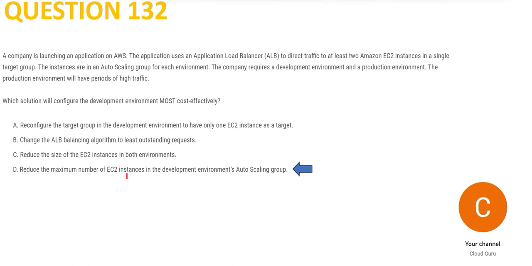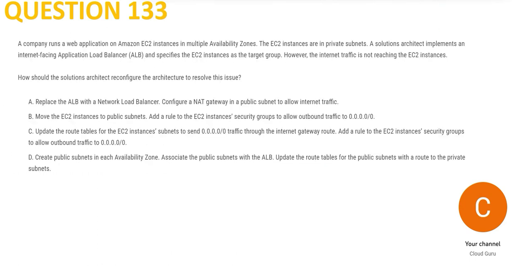We should reduce the number of EC2 instances first in the development box. And you already have an auto scaling group, right? So if you reduce the EC2 instances in the auto scaling group, it will still work. It will be cost effective.